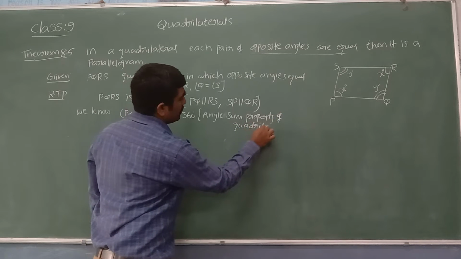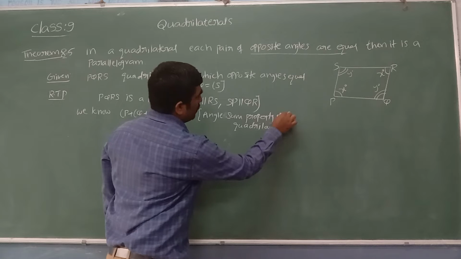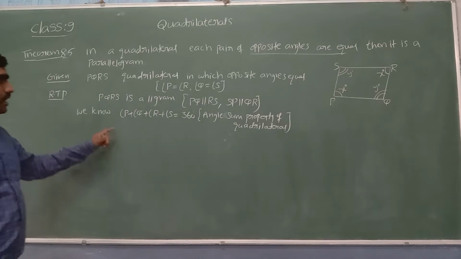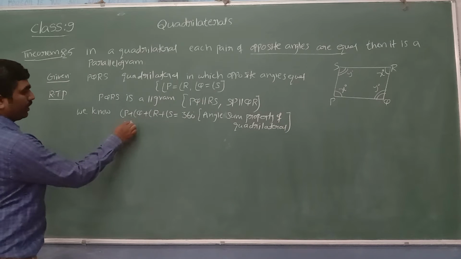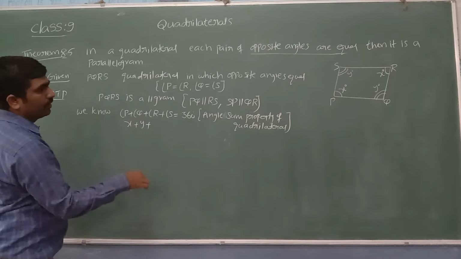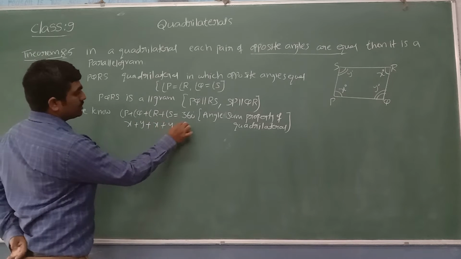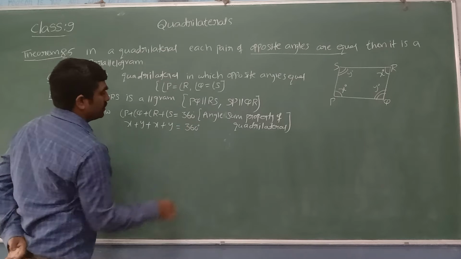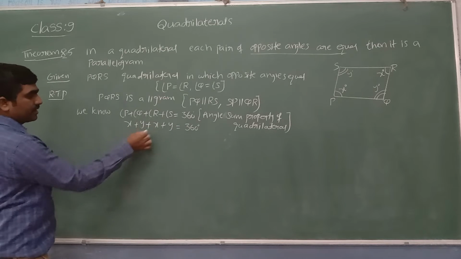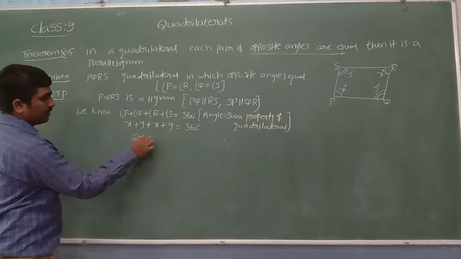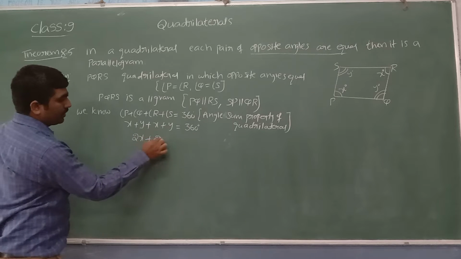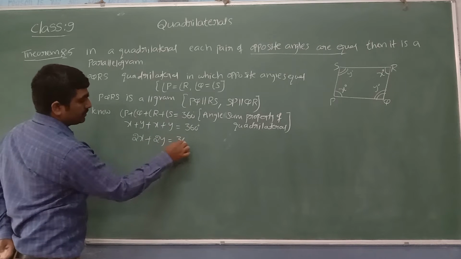Now angle P is x, angle Q is y, angle R also x, plus angle S is y. Is equal to 360 degrees. X plus x, 2x, y plus y, 2y is equal to 360.